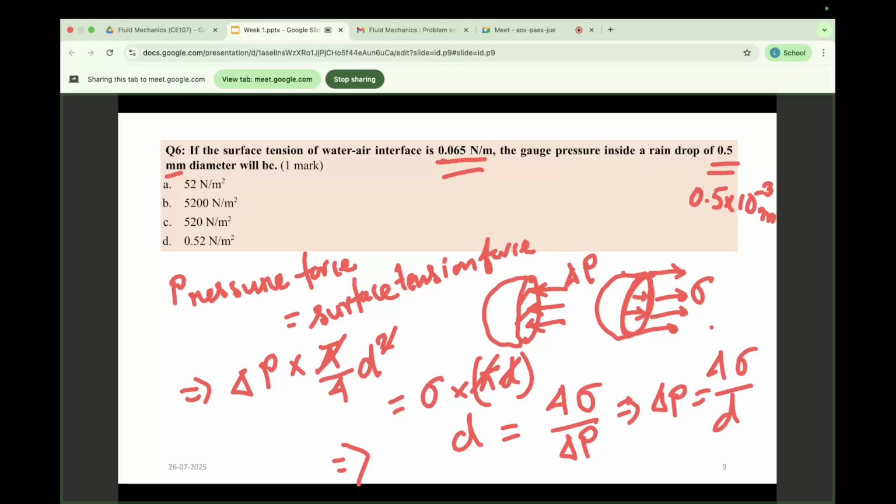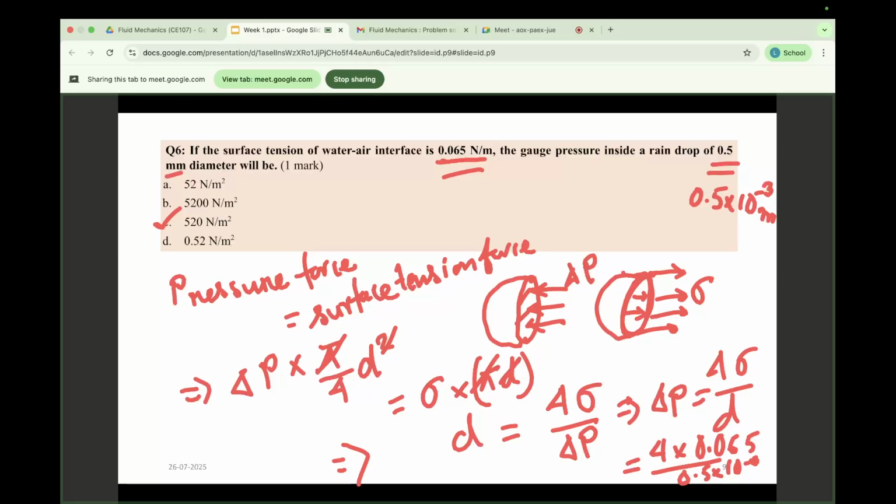Now put in the values: 4 into 0.065 by 0.5 into 10 to the power minus 3. Just calculate using a calculator, and you will get 520 as the answer.